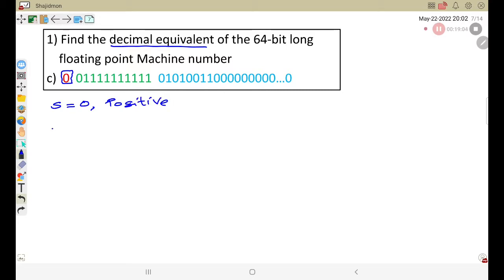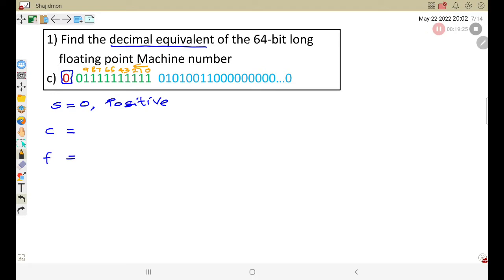Now we find the characteristic part and the fractional part, F. First we mark the positions of the number. For the characteristic part, starting with 0, 1, 2, 3, 4, 5, 6, 7, 8, 9, the 10th position is 0.